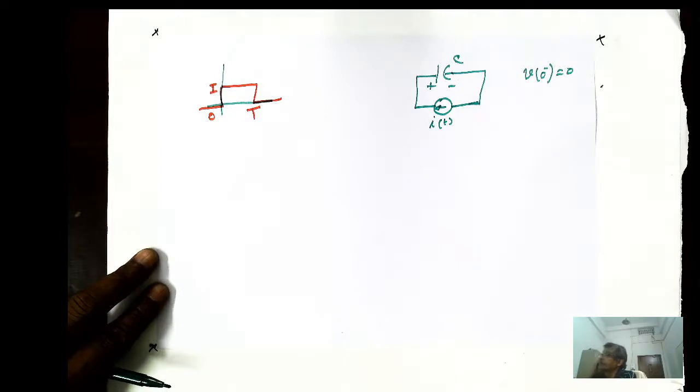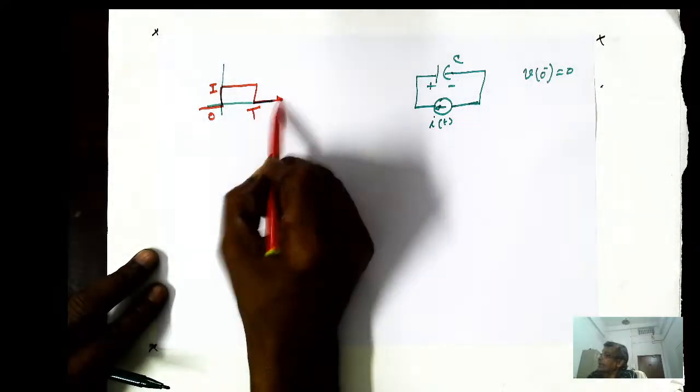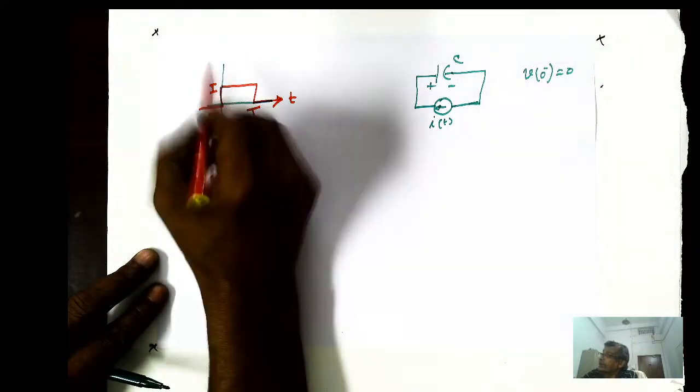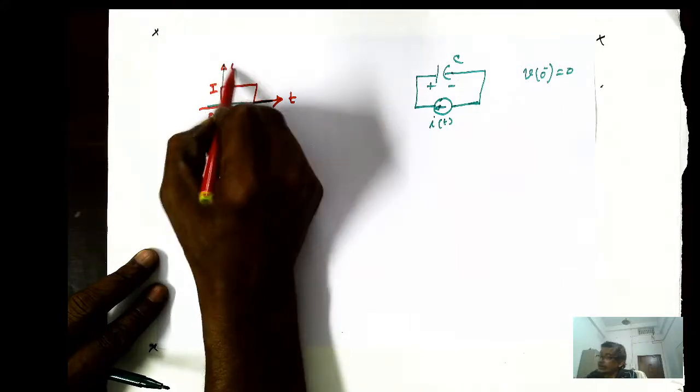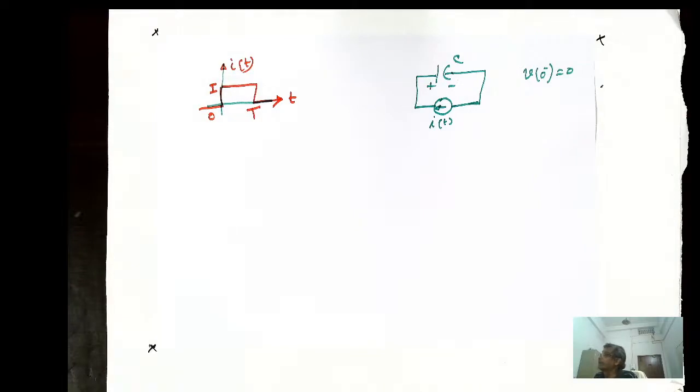Constant current source i(t) is a pulse, and this axis is of course time, and this is the input current to the capacitor. Current is the cause, and it is the voltage which will be developed.